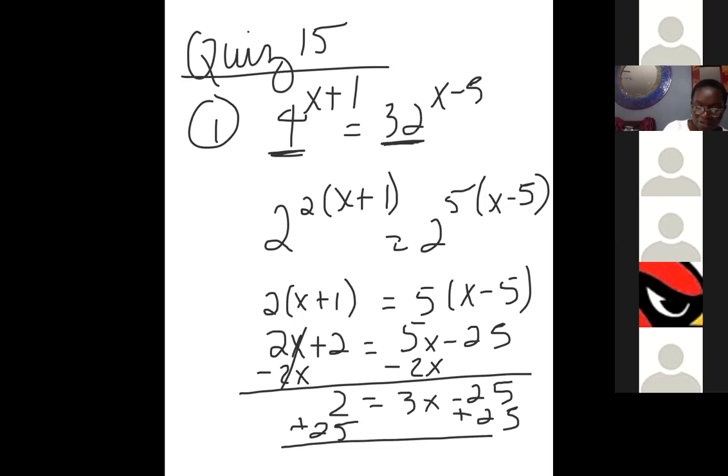So you get 27 is equal to 3x. So therefore, x is equal to 9. What am I talking about 7 for? 9. All right, guys. So now I am going to move on to the next part of this, part 2.